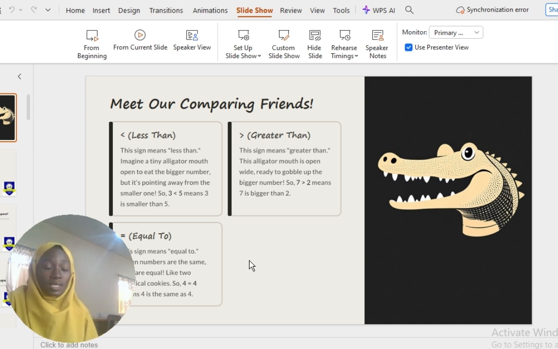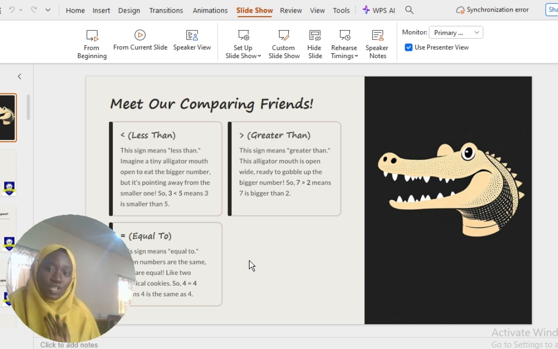Today we're going to start with comparing numbers, which is the less than, the greater than, and the equal to. We said the signs mean, as we did in class on our hands: we use our left hand for the less than, and our right hand for the greater than.